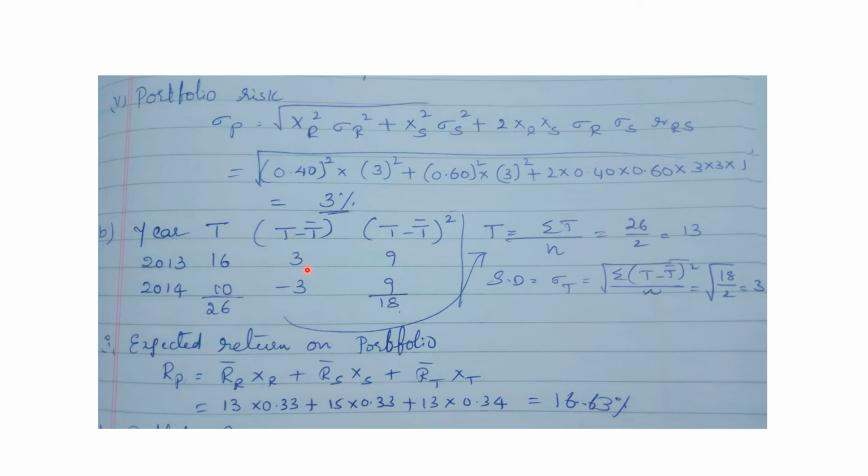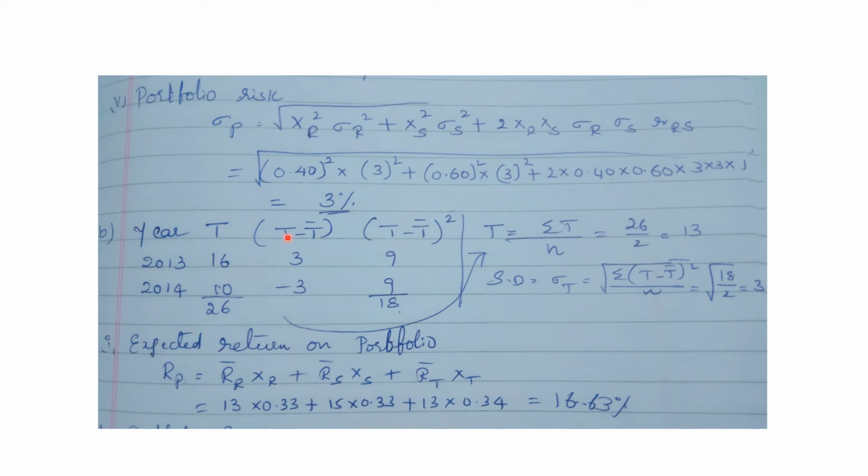Here T minus T bar is nothing but 16 minus T bar. Find out the T bar first of all. So T bar equals summation T by N, that is summation T, which is 26, upon 2, that comes to 13.